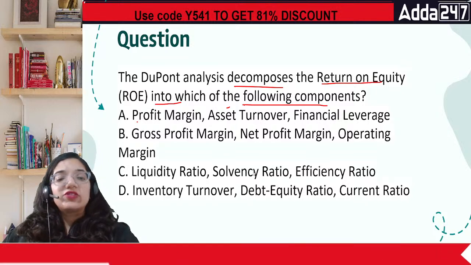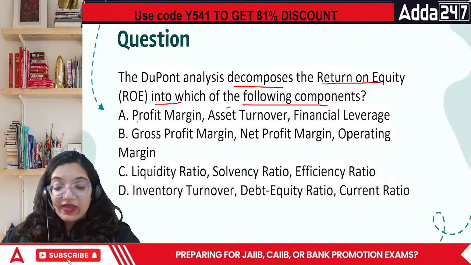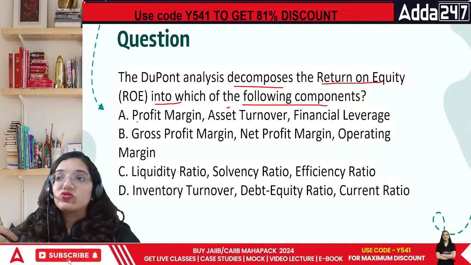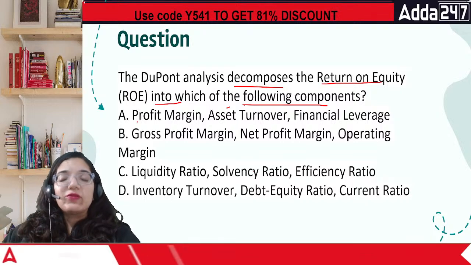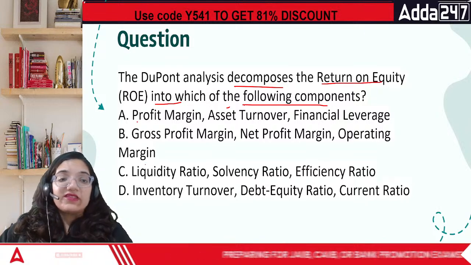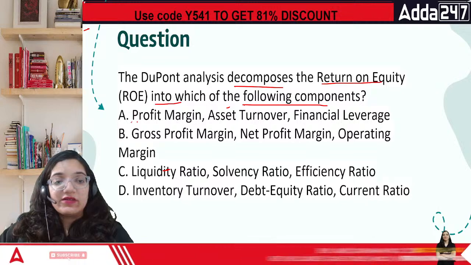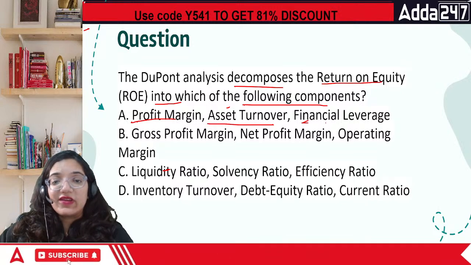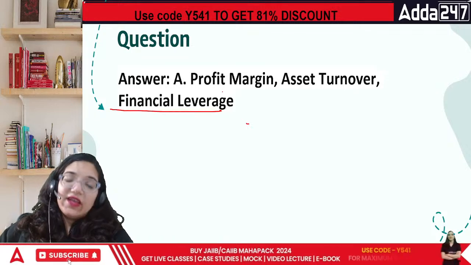DuPont talks about only three things overall. It means return on equity, in how much time I can get the returns back from where I started. If I put money into the business, that is equity. If I put money into the business, what do I get in return? That is return on equity. So we have the profit margin, the asset turnover, as well as the financial leverage. These three things combine together and make A.